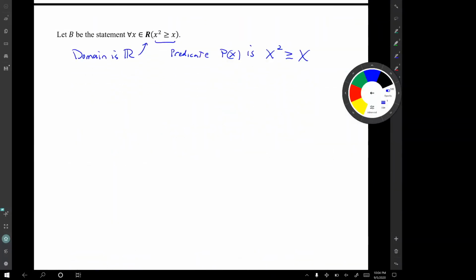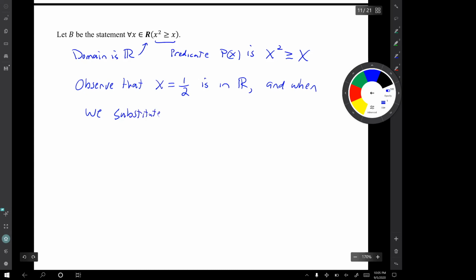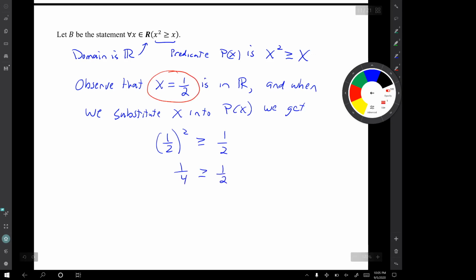So let's present a particular example that shows that there are x values in this domain that do not make this true. Notice that when we substitute this example of an x value into the predicate, we get this inequality, which is false.